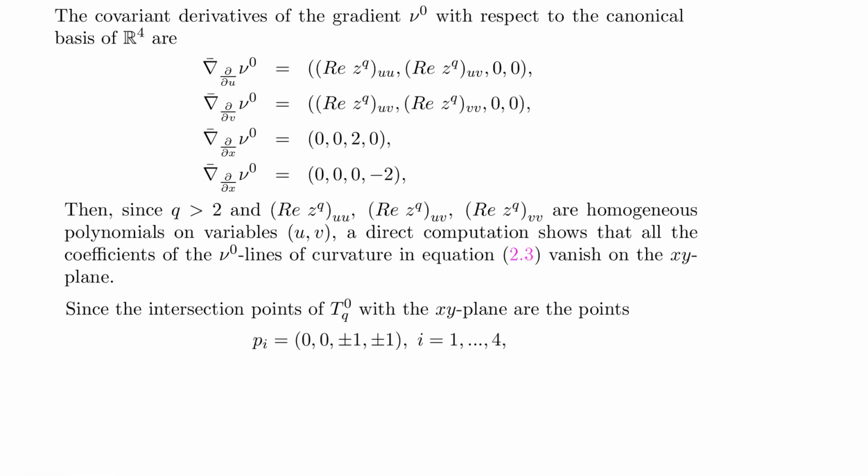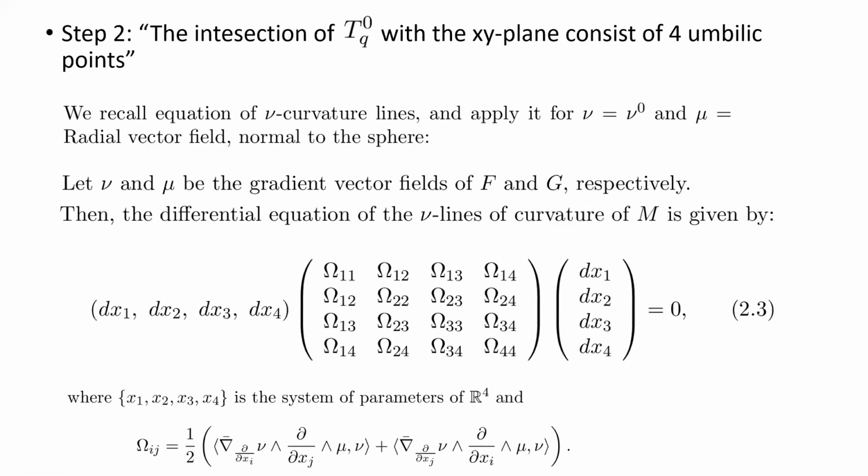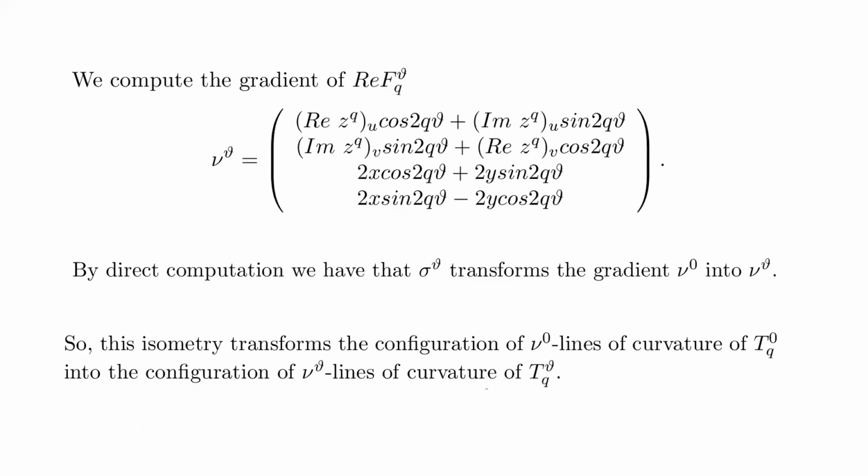And in fact, the final thing is to observe that these are umbilic points for the case of 0, the real part. So finally, we get that globally, the action of S1 preserves the XY plane. So these points move by the action of S1 just in the way I claim. You have to see how they move according to this action, the application of sigma theta. So this is only a rotation. I go back to show this statement here.